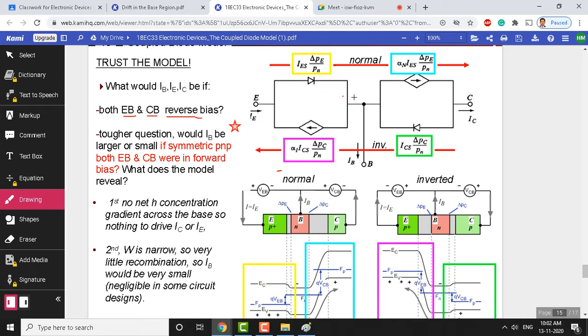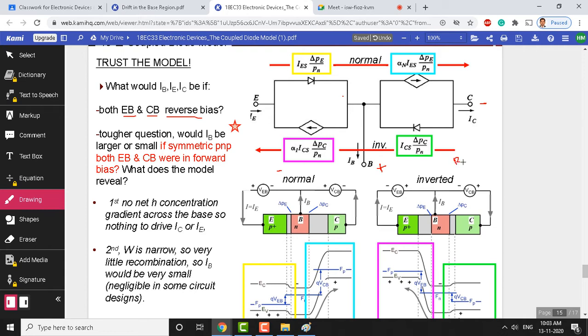The condition is both junctions are reverse biased. Let me help you out by writing here. So, the different biases here. This is reverse bias, since it is a P plus NP transistor. So let me apply minus here, the negative terminal of the supply, and plus here on the base. So this is reverse biased.